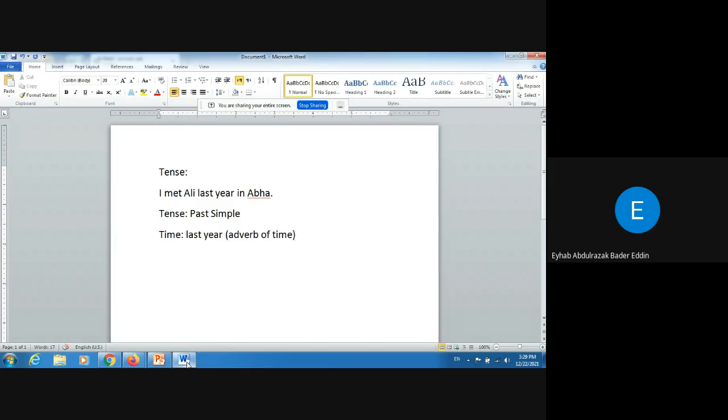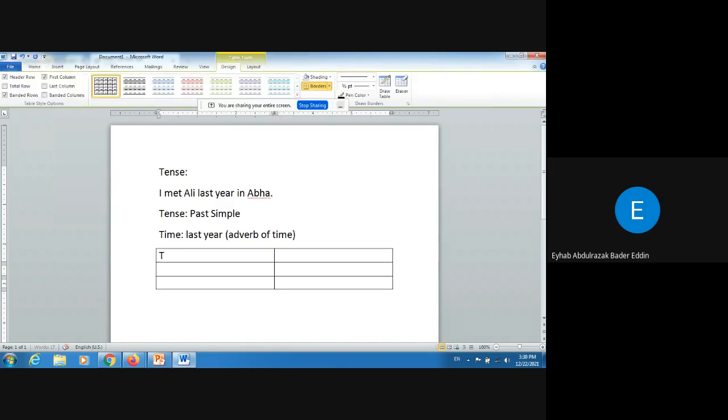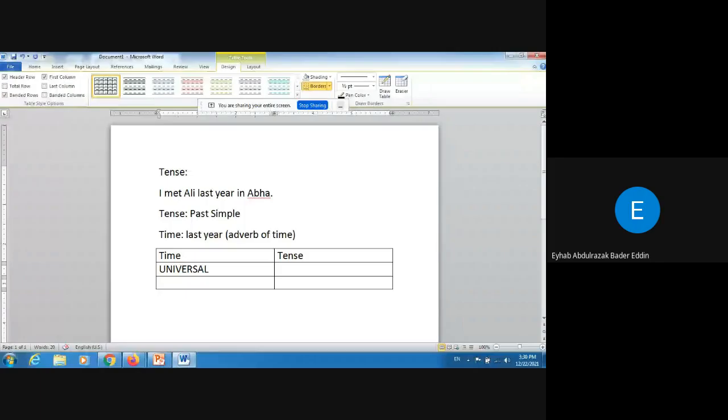Let me make things clear. So this is time. This is tense, so that you can compare them later. So time, we say, is universal. It is the same, found in all languages. So the past in English is the same as the past in Arabic, right? And the past in Japanese is the same as the past in any other language. So time is universal, and it has nothing to do with linguistic science.